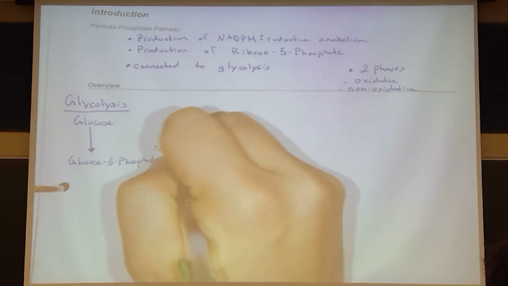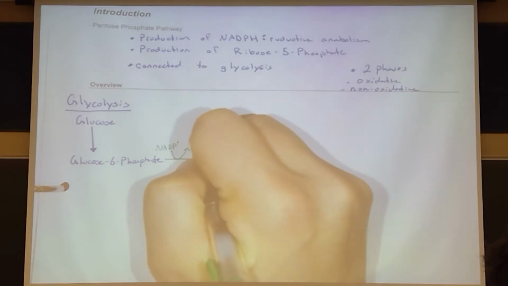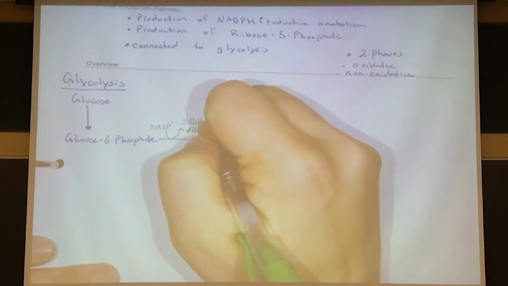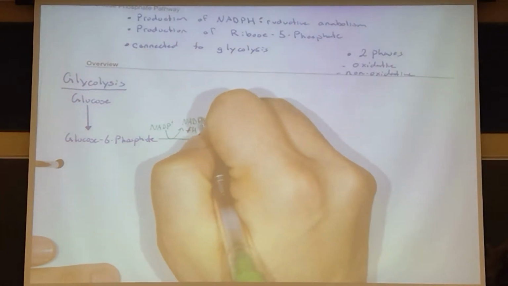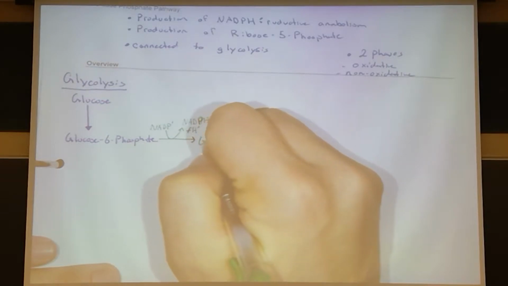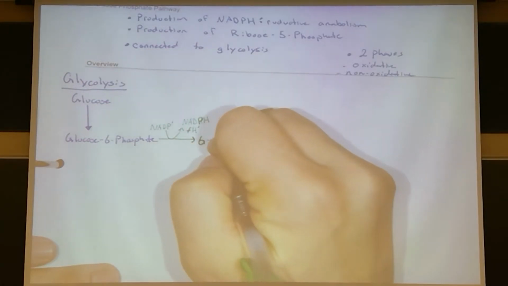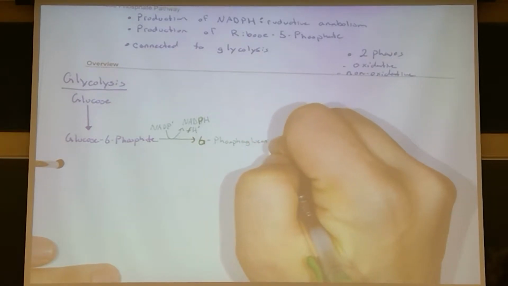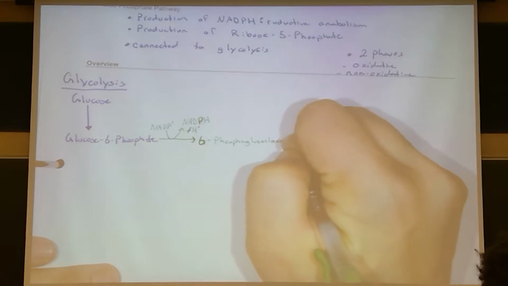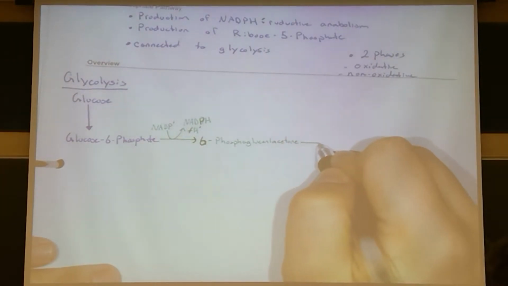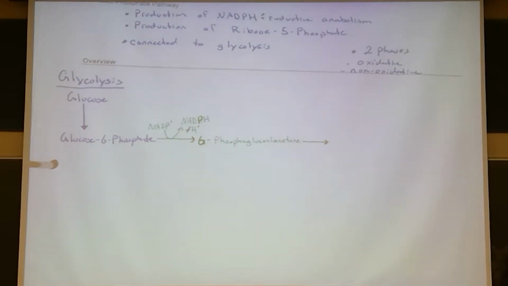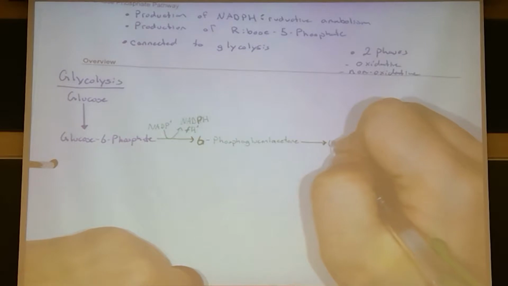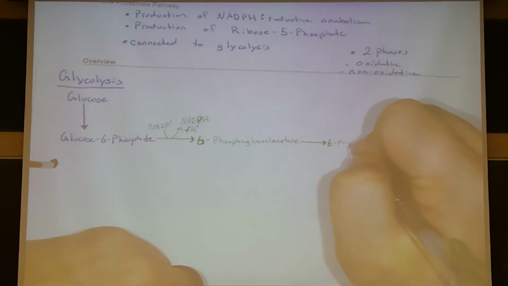NADP to NADPH. 6-phosphate. This is rearranged. 6-phosphate gluconate.